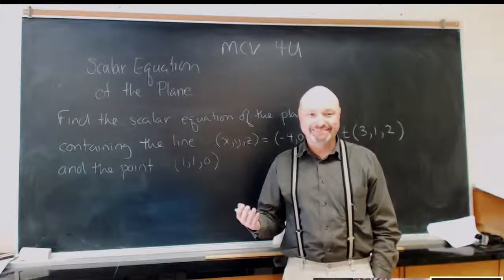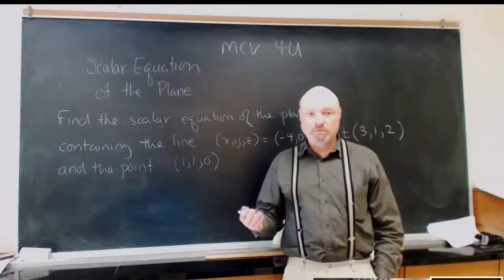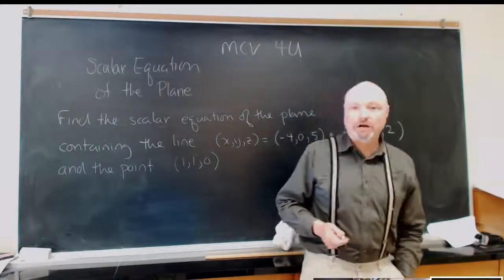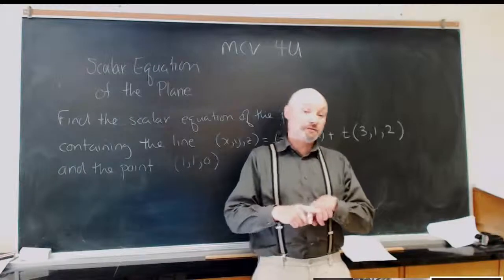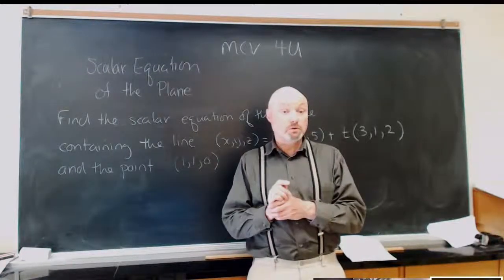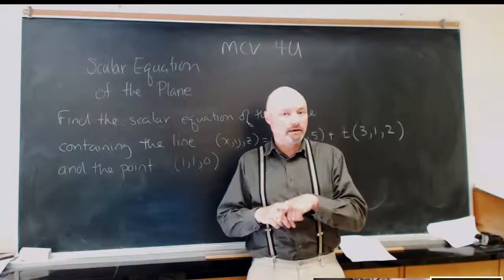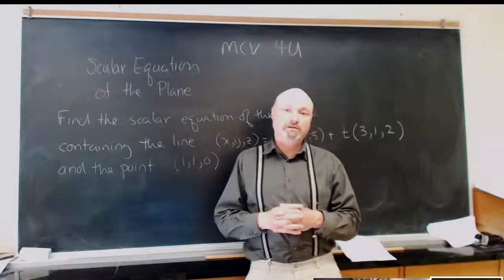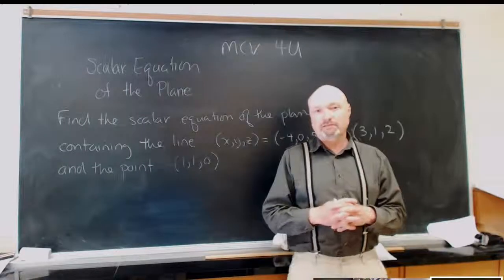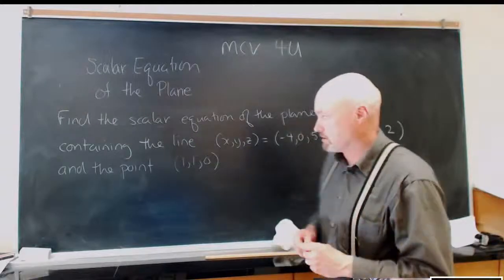No. So you get good at calculating the cross product so that if you've got two vectors that lie on a plane, you can calculate the vector that's perpendicular to that plane. As long as you can get two vectors on a plane, you can find the normal vector, and if you find the normal vector, you've got your A, B, and C for the plane. And then you can go from there.